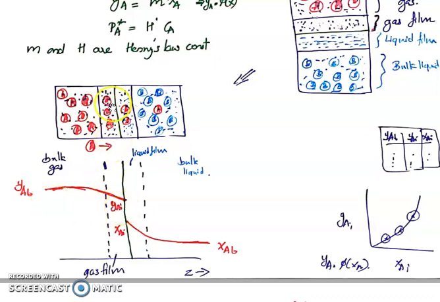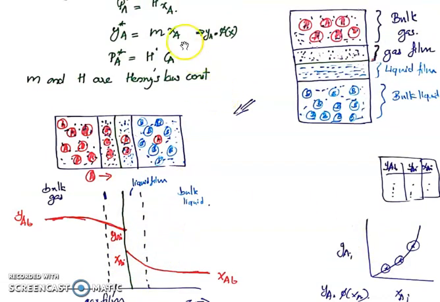So the concentration difference is YAB minus YAI at the gas film, and similarly the mole fraction difference existing across the liquid film is XAI minus XAB. Here you can see from this equation the mole fraction in liquid phase can be written as a function of mole fraction in gas phase.